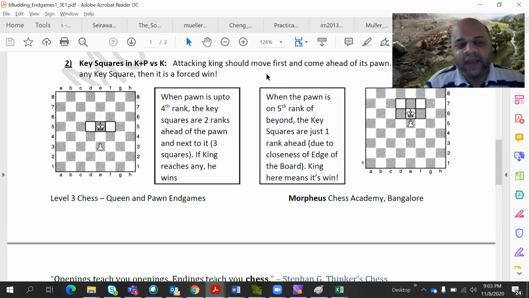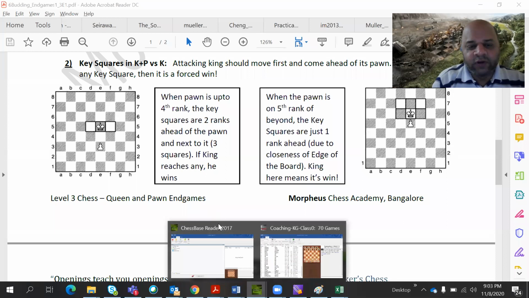They do not allow entry to the opponent king, and that's how the opposition works. Whoever has the opposition has got the advantage. So if the king which has the pawn has got the opposition, then he will force the defending king to move to the side, and enter and win, right? That is what we had seen.